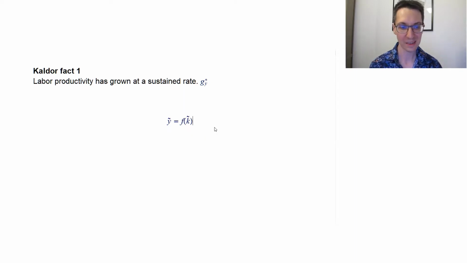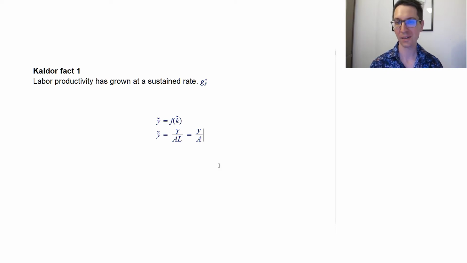Second thing is, what is output per effective worker? Then it's equal to total output divided by technology multiplied by the number of workers. And you can already guess where this is going. So here we get Y divided by L, so output per worker. So we get that this is equal to Y divided by A, so output per worker divided by technology.